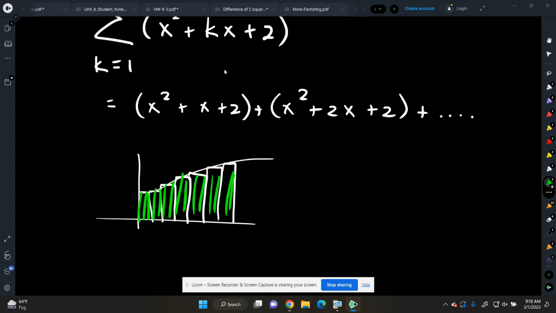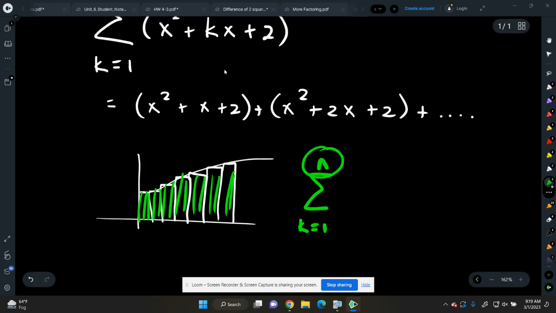So a summation lends itself very well to representing that Riemann sum. And of course, as this number up here increases, that summation becomes a better estimation of the area under that curve. Does that make sense?